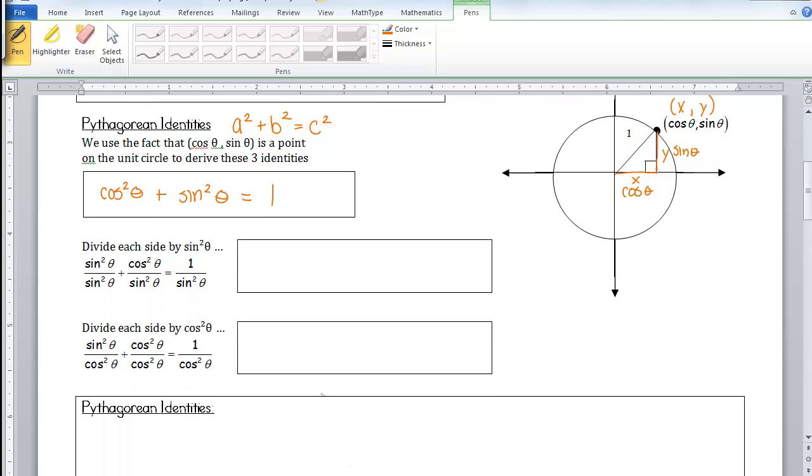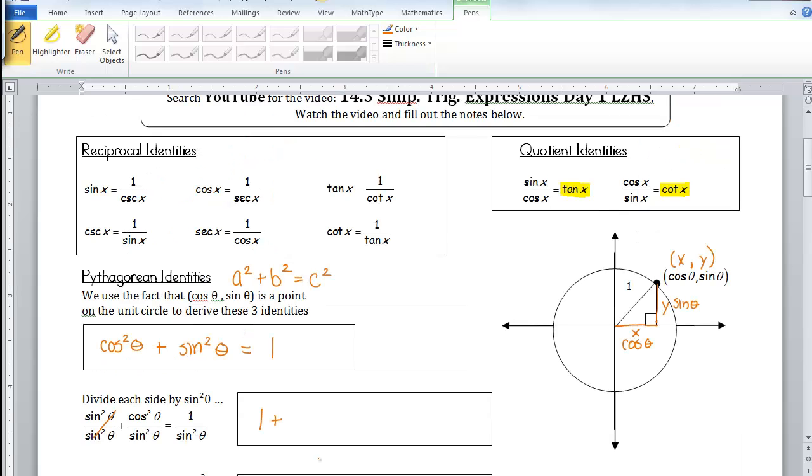The first one we'll get by dividing sine squared and cosine squared by the value of sine squared. You know that anything divided by itself is a value of 1. If we look at our quotient identities, cosine divided by sine is cotangent.